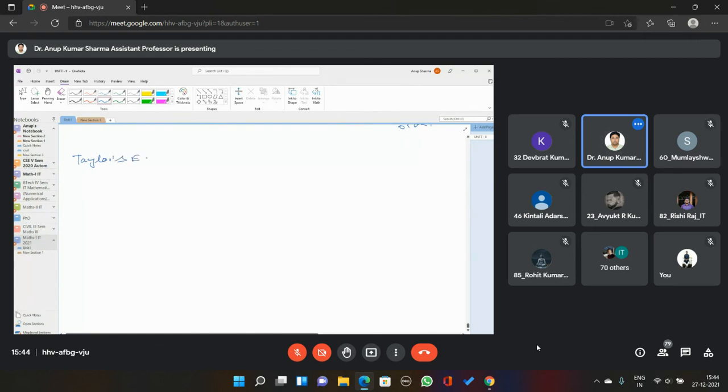Now we are going to derive Taylor's theorem for the interval a comma b. In the previous form, we replace x by b, which is a fixed value. So Taylor's theorem will be written for the function f(x) on the interval a, b.